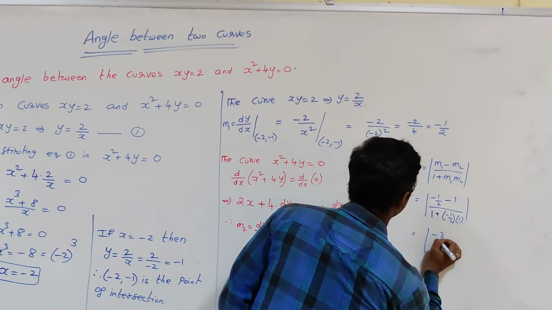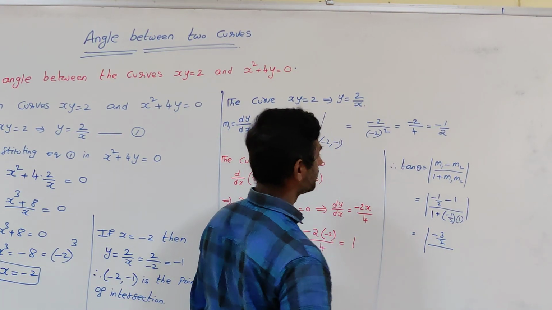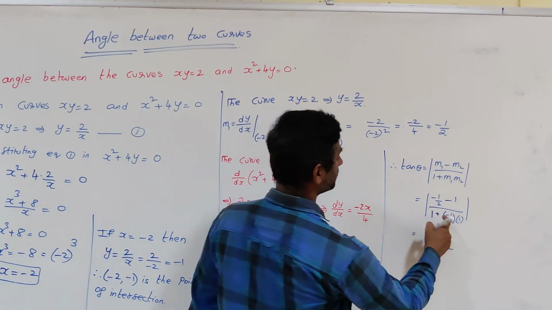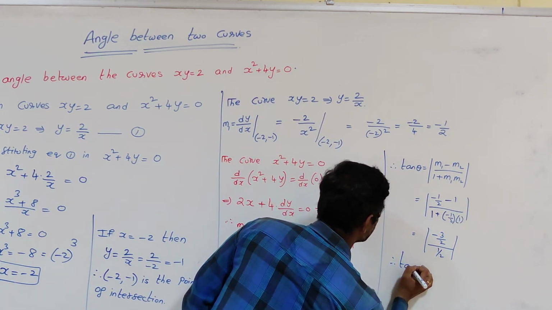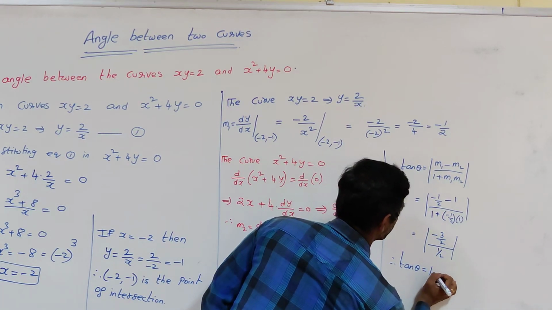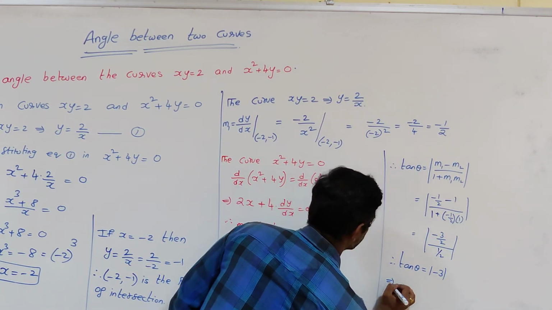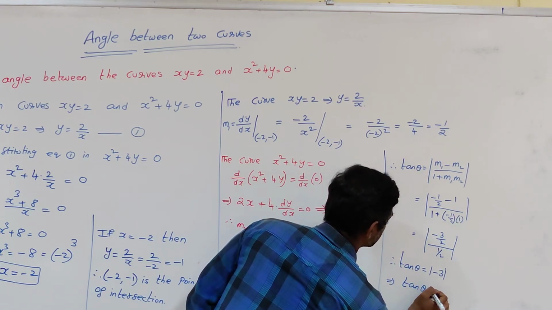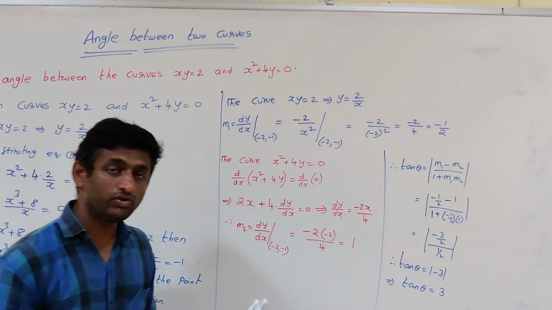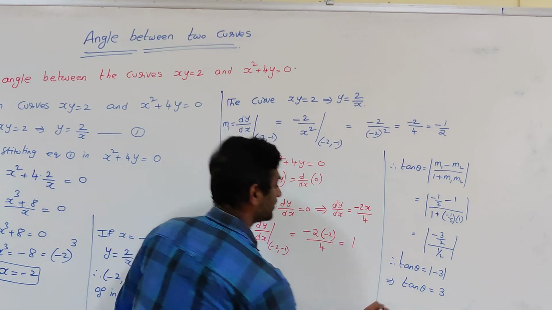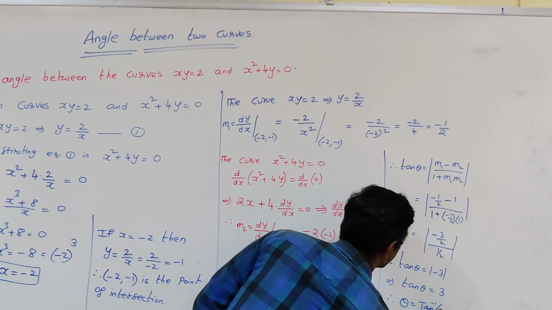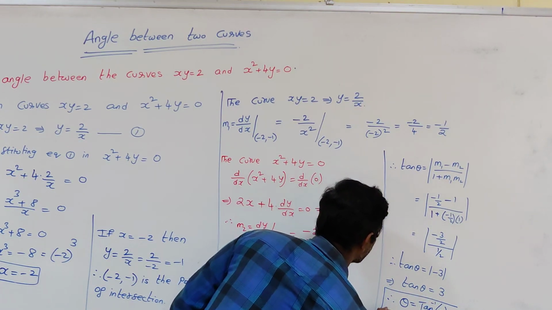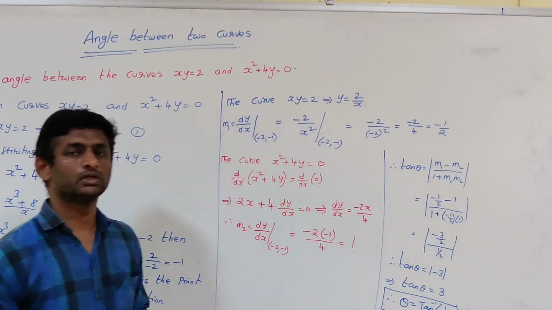So minus 3 by 2 by 1 minus 1 by 2, which is 1 by 2. So tan theta is modulus of minus 3. So tan theta is 3. So we require theta. So therefore theta is equal to tan inverse of 3. So that is the angle between two curves. Next question.